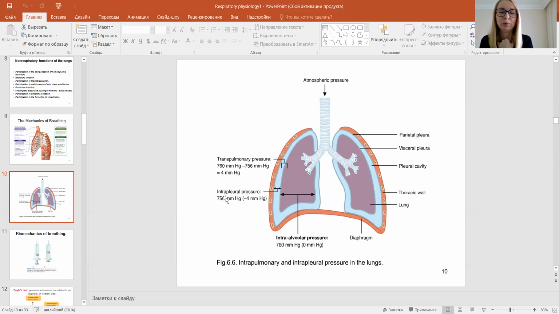Next one is intrapleural pressure, which is lower by 3-5 millimeters mercury than atmospheric pressure and equal to 756 millimeters mercury. And the next one is transpulmonary pressure, which is the difference between air pressure inside alveoli and intrapleural pressure.